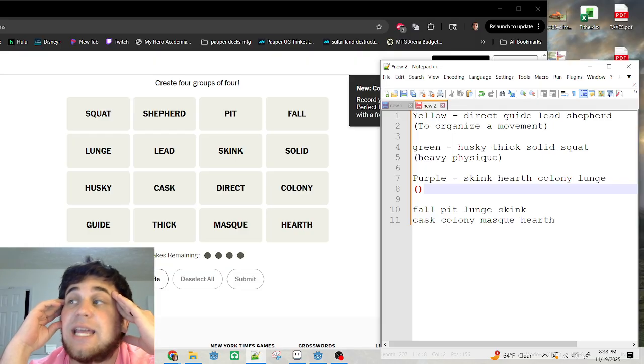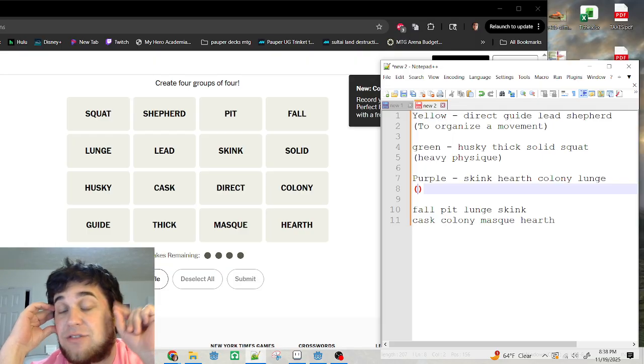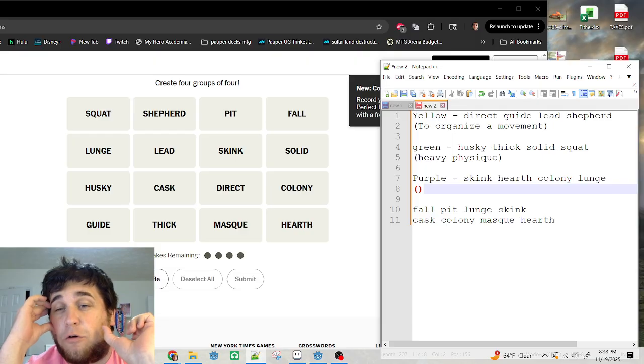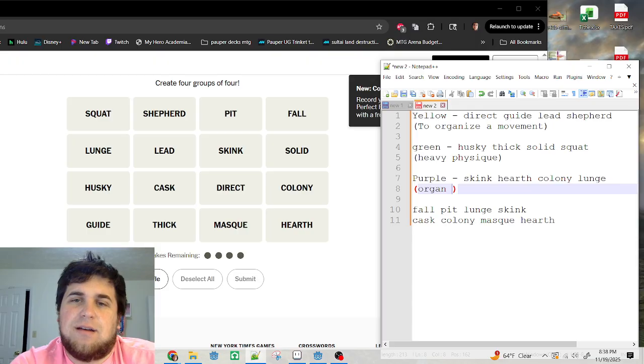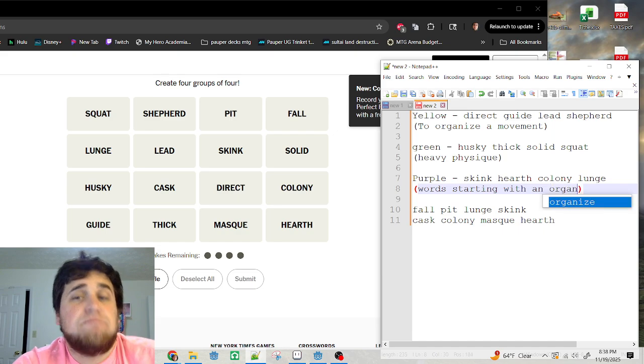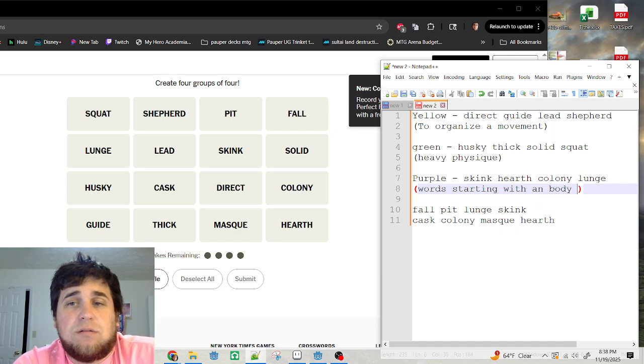Yeah. So, okay, if I had to label this, what would I say? Oh, it's not ear, it's heart. It does match the theme. It's an organ plus a letter. Organ, or words starting with an organ, or body part, we'll maybe say. Lung, colon, heart, skin, those are all organs.